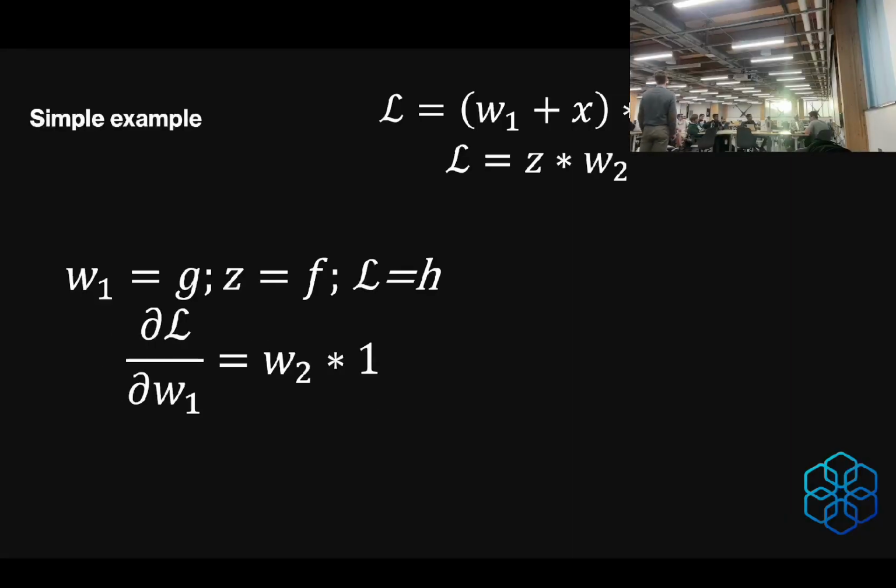And so no matter how many operations we have in a row, we could have 1,000 layers. All you do is you calculate the derivative at one layer, you store it, you go back, you do this process, you store it, you go back, you do this process, you store it, and so on and so forth.